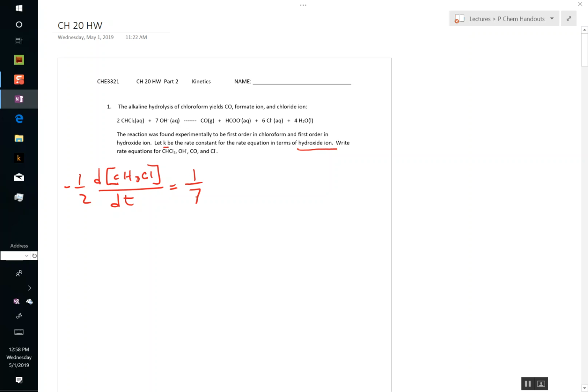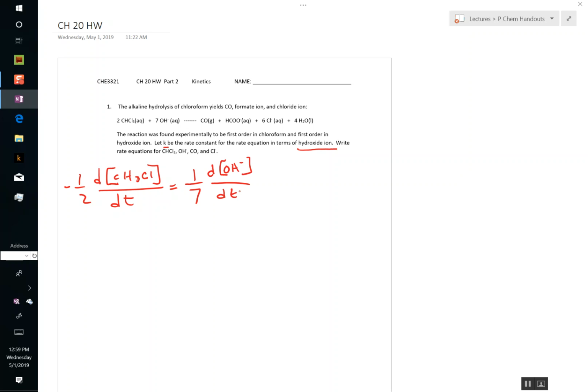If you had a rate of disappearance of chloroform, 2 chloroform react with 7 hydroxides, so there is going to be this relationship between the rate of disappearance of chloroform relative to the rate of disappearance of the hydroxide. We're not getting into the order. This isn't the order of the reaction. This is the stoichiometry of the reaction.